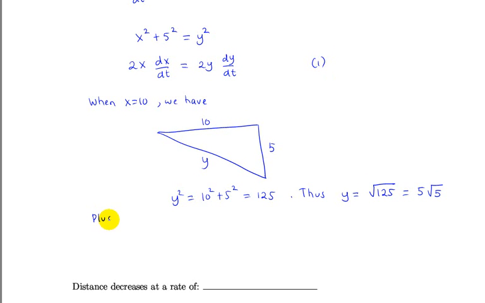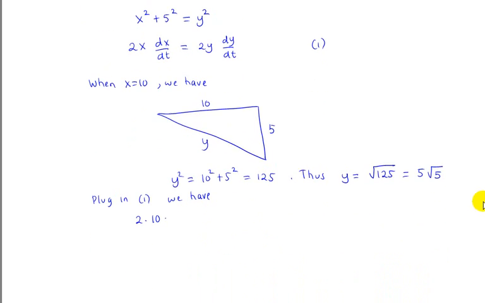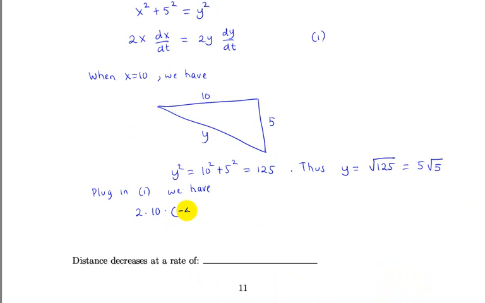So plug into that equation, plug into 1, we have 2x, 2 times 10, dx over dt. dx over dt is given, negative 40 km per hour, equals 2 times y. So y is 5 square root of 5, dy over dt.